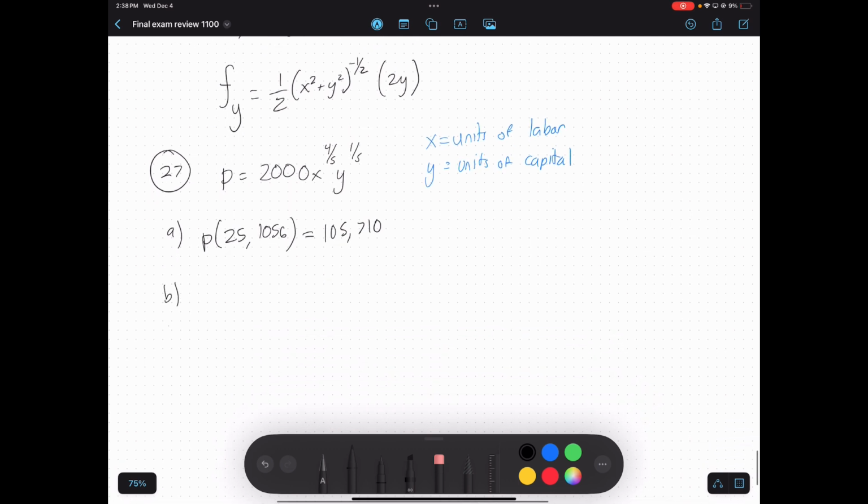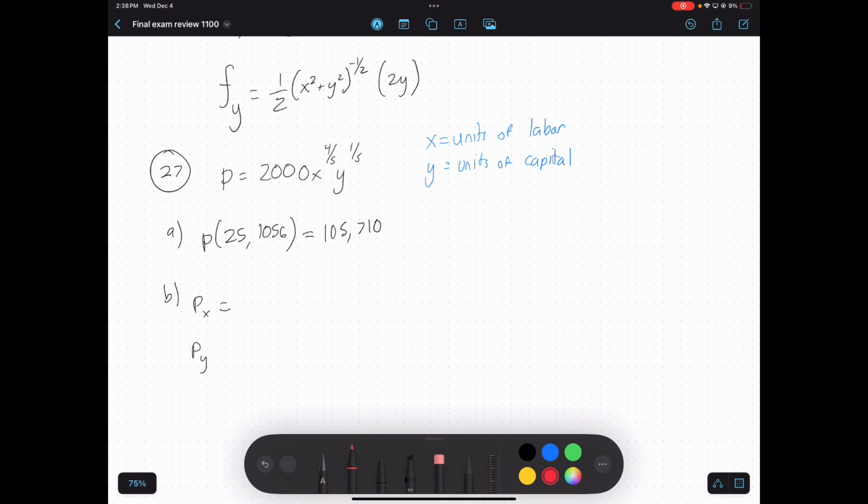Then, part B asks you to find your partial derivatives. So P sub X, P sub Y. P sub X, how am I treating Y? Because this is being multiplied, it's not that it's going to go to 0. Because it's being multiplied by your X function, you can just ignore it, just like how we ignore the 2,000.